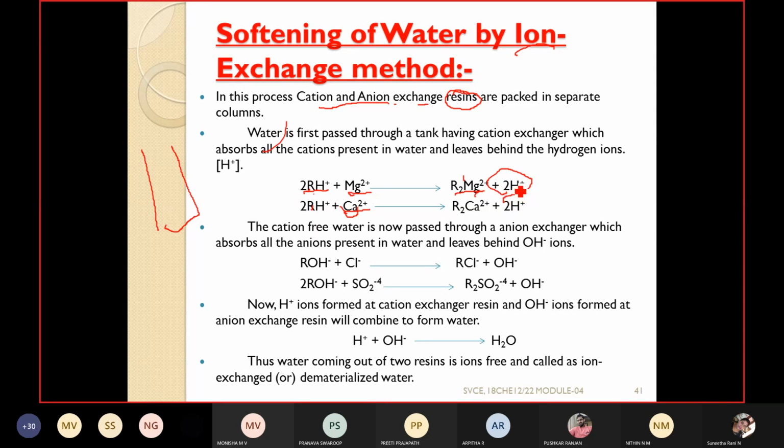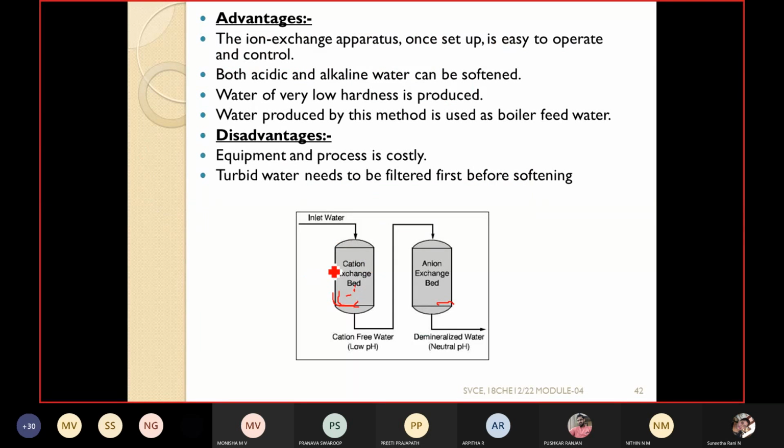After this cation exchange, the water passes to the next chamber, which contains anion resins. Once all the Mg2+ and Ca2+ dissolved salts are attracted by the first bed, the fresh water moves to the next chamber, which is the anion exchange chamber.